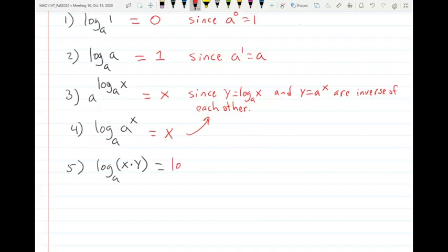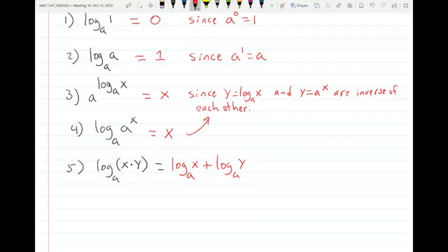Well, the property says that this is going to be log base a of x plus log base a of y. In other words, the logarithm of a product is the same thing as the sum of the logarithms, right? So log sends products to sums, okay?